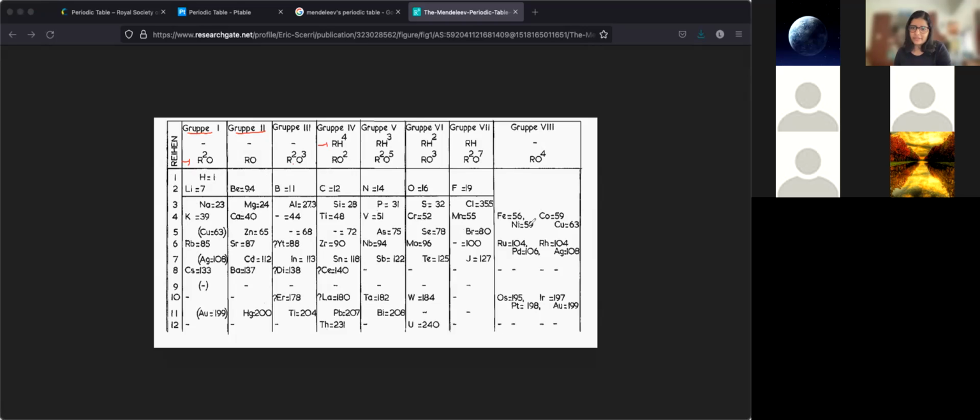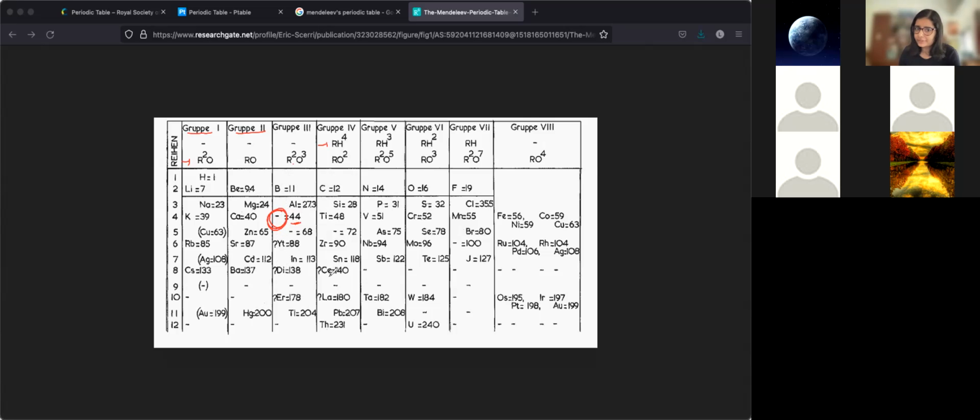Here you have sets of elements. You can see there is no element here, but he kind of predicted that something should be here, whose atomic number is somehow close to 44. So after calcium, he didn't simply put titanium here, because he found that titanium was not similar to the rest of the elements in this group.